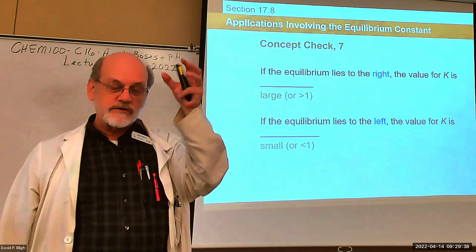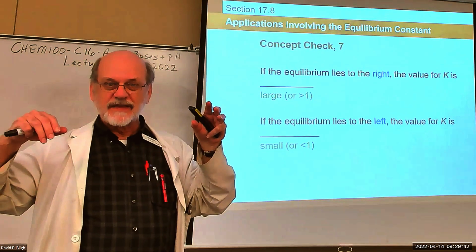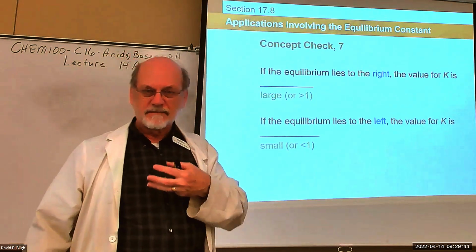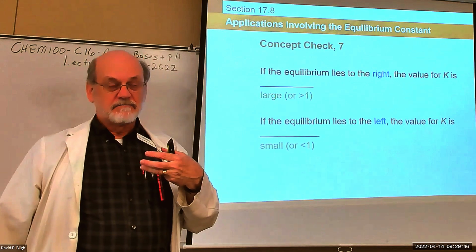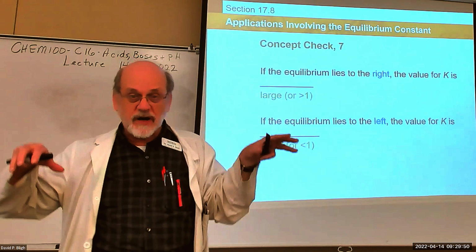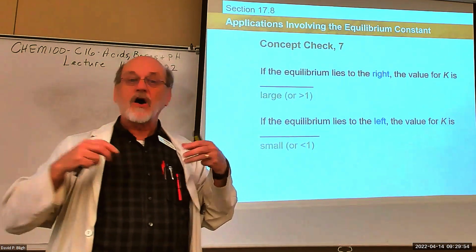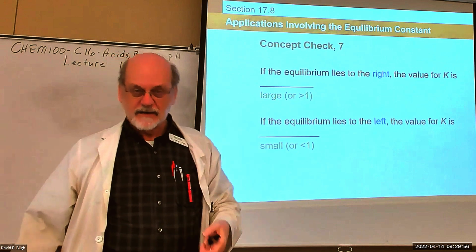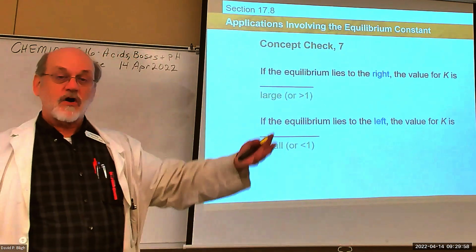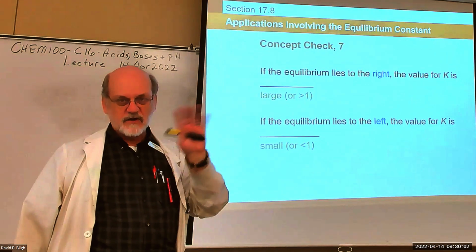Because if you have powers of your reactants or products, then that muddies the water. And you may not necessarily find equal concentrations of reactants and products to give you 1. It doesn't always work that way because of the powers. So that's why I say very much larger than 1 or very much smaller than 1, and the in-between is a gray area.